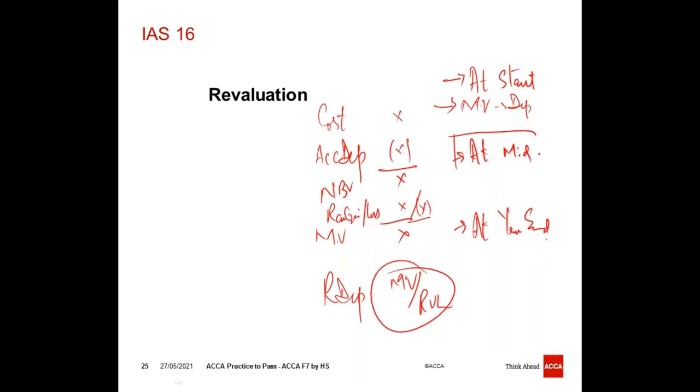If the revaluation was done at the middle of the year, for the first 6 months depreciation will be based on the old values, and for the last 6 months on the new values. So part of the depreciation will be charged on the old values, and part on the new values. And if it is at the year end, then depreciation will always be based on the new values.